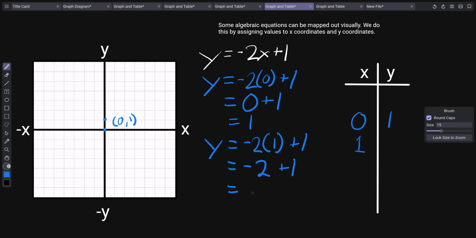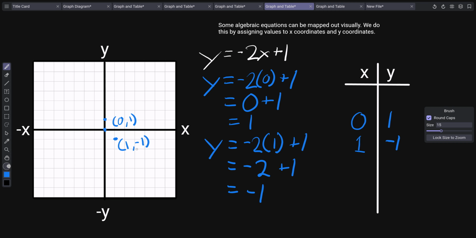This is going to equal negative 1. So we have 1, negative 1. This is our ordered pair now. So that means we move right 1 step, and then we actually go down. So we land here. And this is our point. And our ordered pair is 1, negative 1.